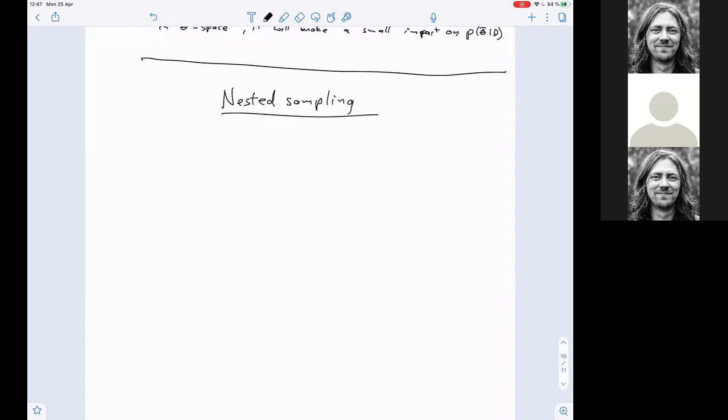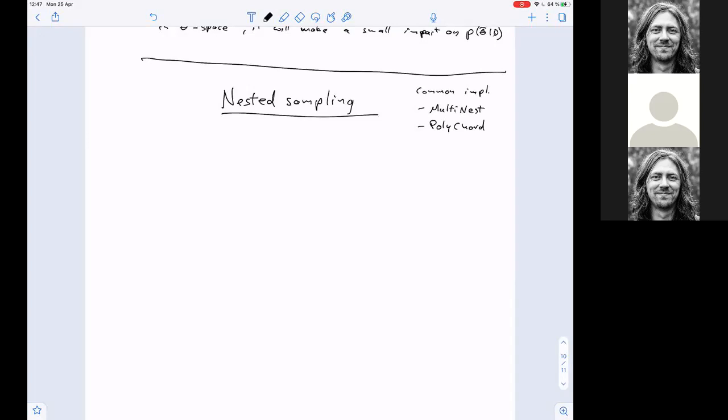And then there might be more, but the implementations of this that I know of in terms of codes, so let's call them common implementations. There's one code called MultiNest, and there's another code called PolyChord.